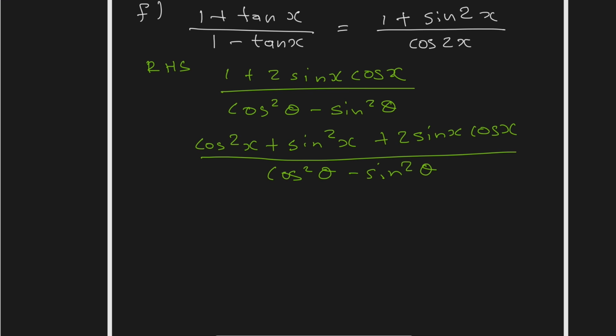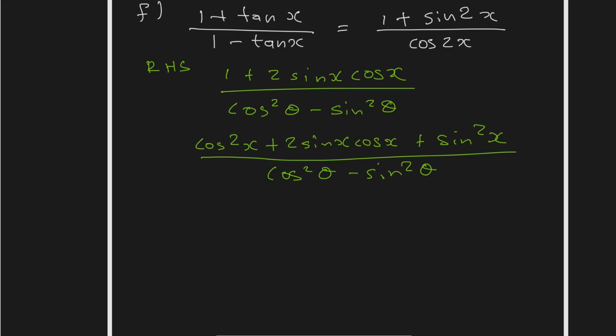You have cos squared and sine squared, so I'm going to move this sine squared to the last part and the 2 sine x cos x to the middle part.